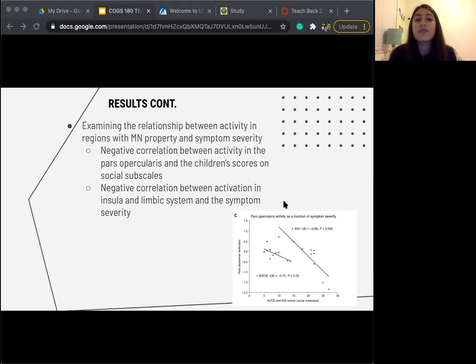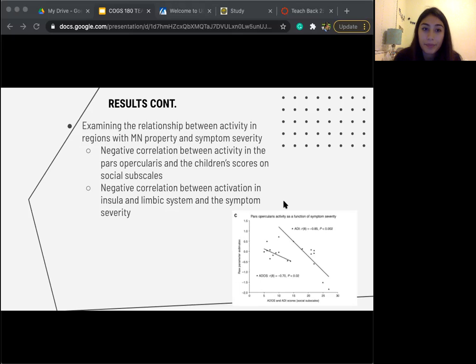They wanted to further examine the relationship between activity in the regions of the mirror neuron system and the severity of autism spectrum disorder symptoms. They found a negative correlation between activity in the pars opercularis and the children's scores on social subscales. There was also a negative correlation between the activation in the insula and the limbic system and the symptom severity.